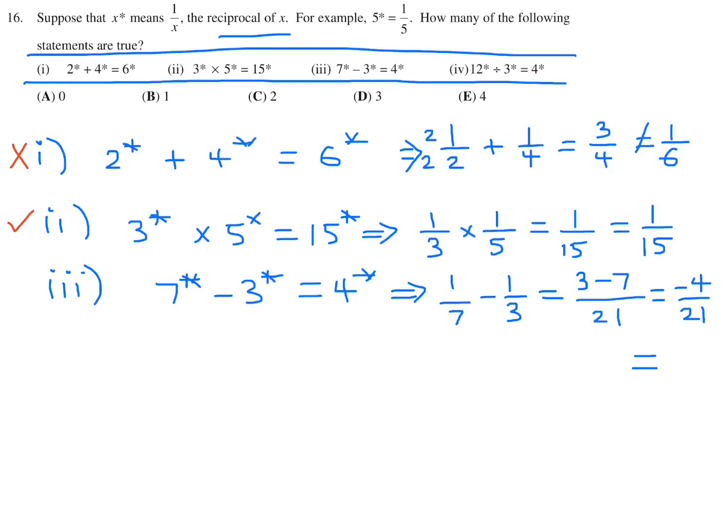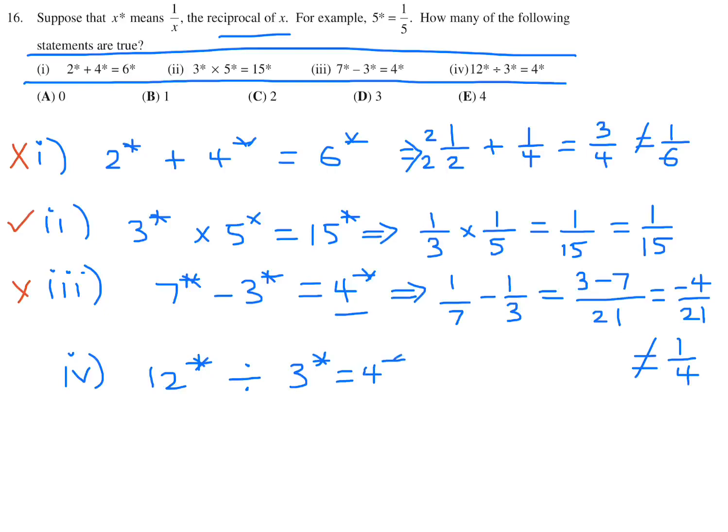And is this equal to 4 star, which is 1 over 4? And of course it is not. So that is incorrect.